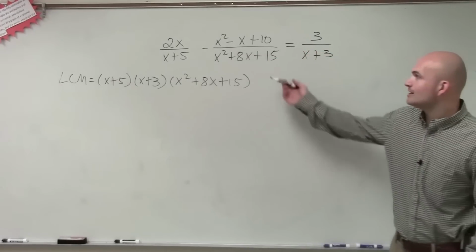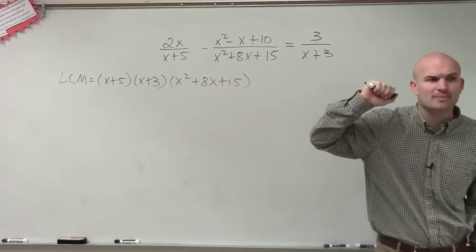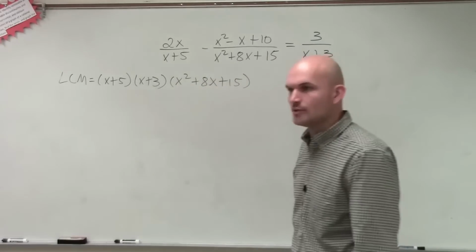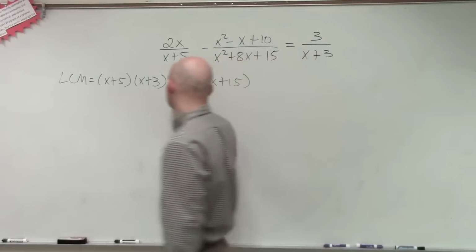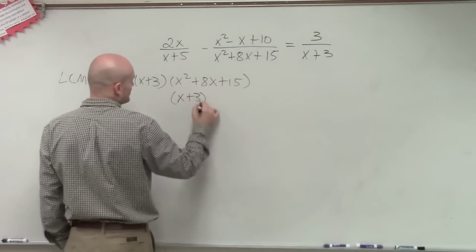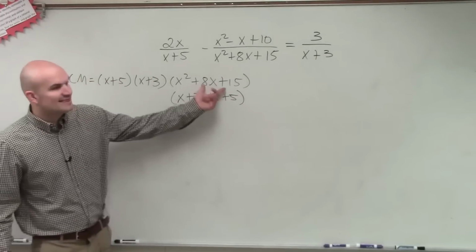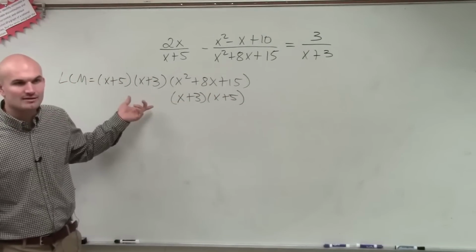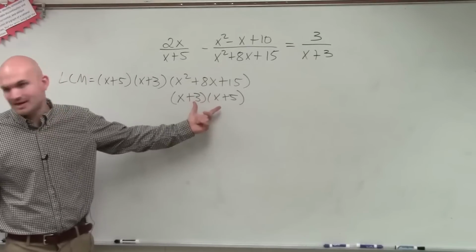But what we want to do is, can we simplify? Always look, ladies and gentlemen, especially when you have a trinomial, can we factor that a little bit further? And of course, what we notice is this can be factored down to x plus 3 times x plus 5. So we notice that this is redundant. LCM says least common multiple, so we don't need to multiply this again.